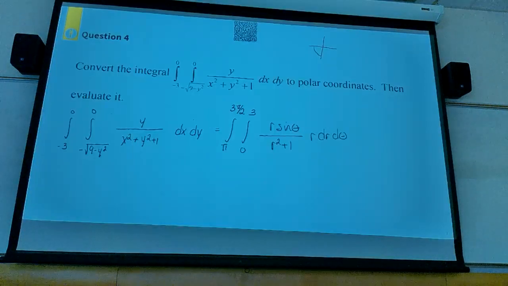Now what I'm going to do is I'm going to write it this way, and incorporate that r into the numerator. There's your conversion. Now we need to integrate that. How would you integrate that?